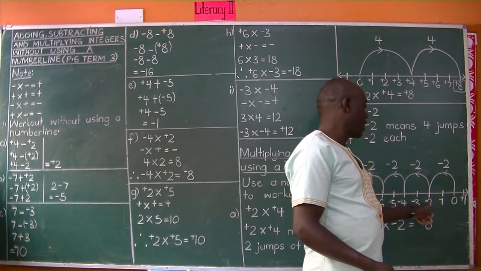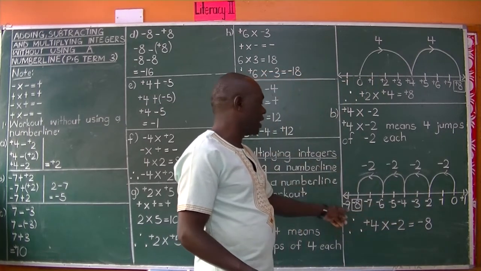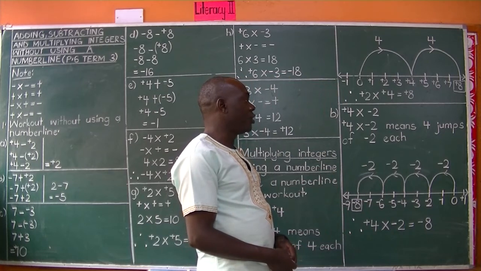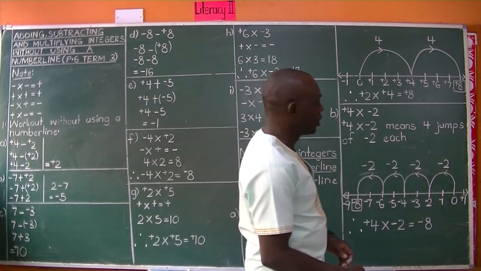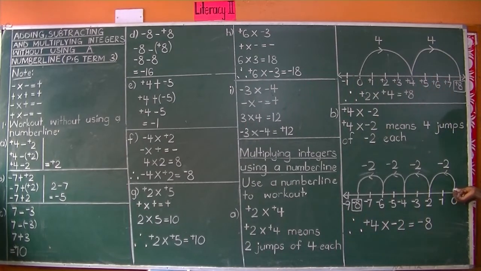So that's a number line including positives and negatives. Then 0, negative 1, negative 2, negative 3, negative 4, negative 5, negative 6, negative 7, negative 8, negative 9, and start making 4 jumps of negative 2 each. Start from 0 and make a negative 2 jump, a backward jump.